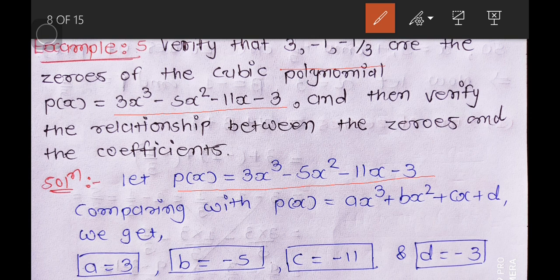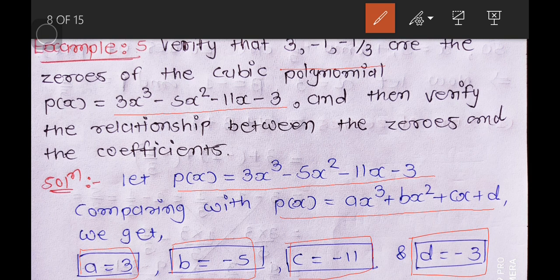Now for coefficient of cubic polynomial, we compare this given polynomial with standard form p of x is equal to ax cube plus bx square plus cx plus d. Then we get a is equal to 3, b is equal to minus 5, c is equal to minus 11, and d is equal to minus 3.